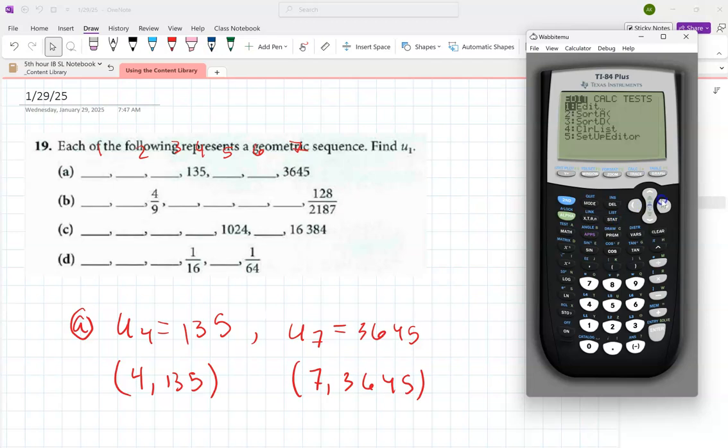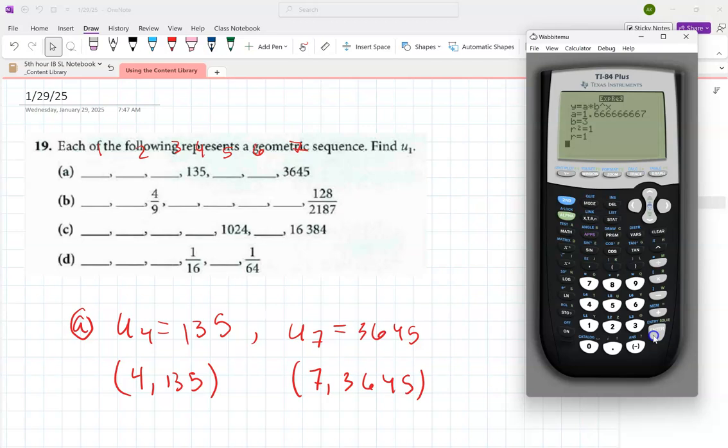So what I'm going to do is stat calc, and then the exponential regression on those 2 points. And I'll hit calculate here.